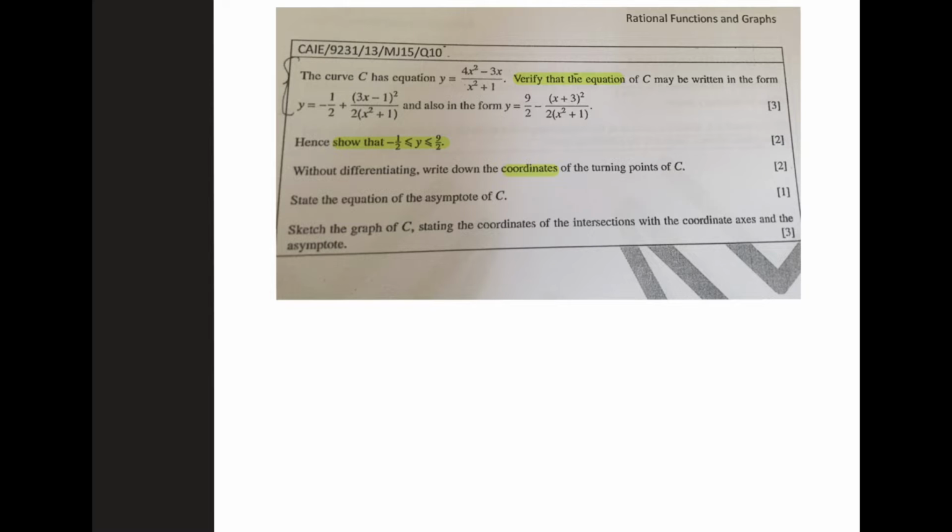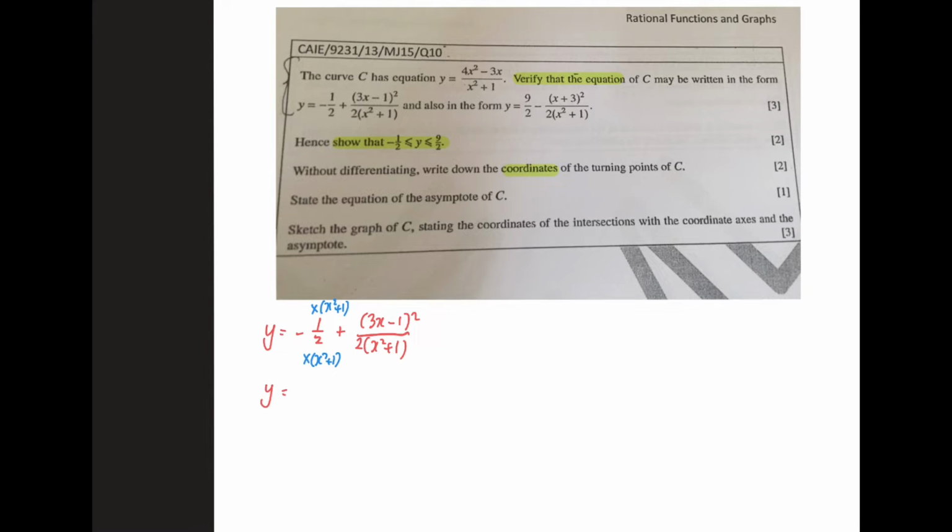Okay, so we just make use of the equation minus half plus (3x minus 1) squared over 2(x squared plus 1). Then we multiply with x squared plus 1 for this fraction, up and down, and we want to show that we will get the curve C equation.